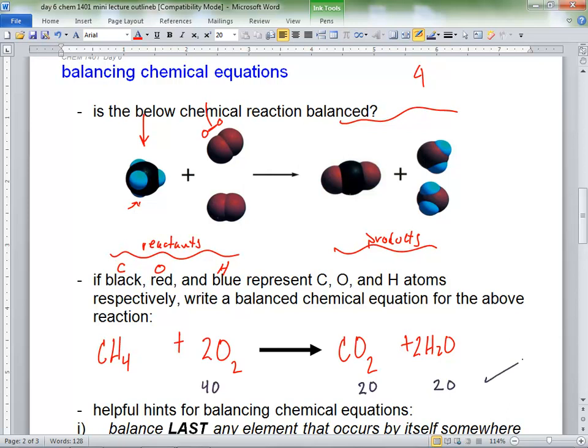The hydrogens. How many do I have on the, Amy? How many hydrogens do I have on the product side? 4. She sees this. She knows how to do this. 2 times 2 is 4 hydrogens. Everybody, 4 hydrogens on that side. So it works. We're good to go.